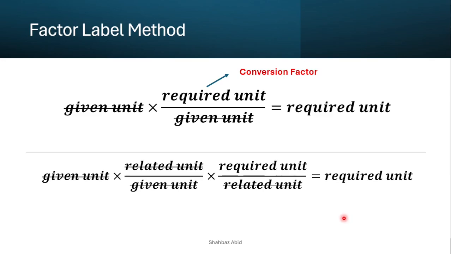This is a fundamental rule for the factor label method. Starting with your given unit with its numerical number, we multiply with the conversion factor. The goal is to arrange the conversion factor in such a manner that we cancel out the given unit, and the remaining unit is the required unit.